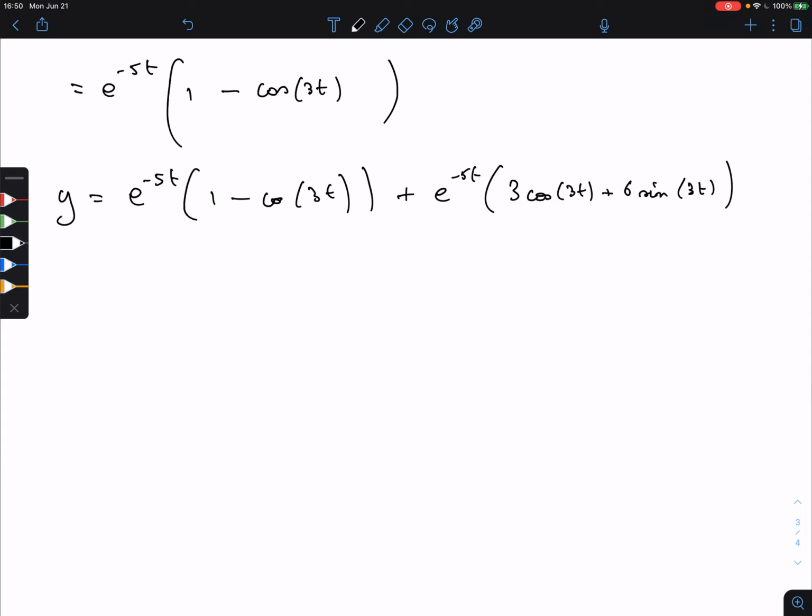But I want to point out something that happens in Laplace. Sometimes you can have terms, look at this term, cosine 3t e to the minus 5t, and there's also one here. So these two actually simplify. That is a bit strange. Sometimes people think that this is the solution of the homogeneous and this is the particular solution. No. That's not how these things work.